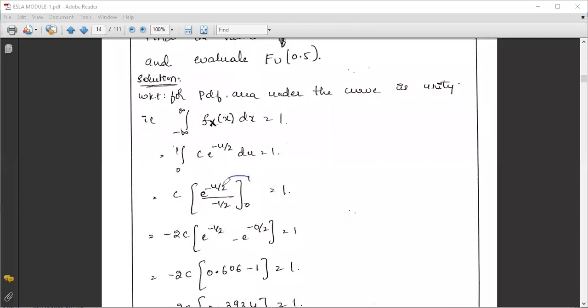First we apply the upper limit, substituting u as 1, and then subtract the lower limit, substituting 0 in place of u.